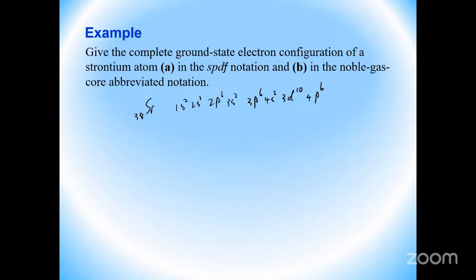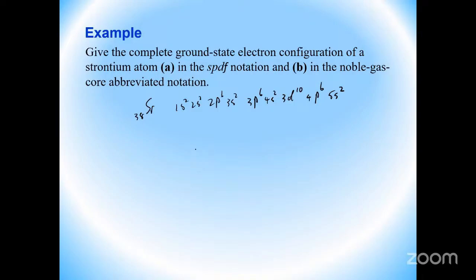So far we have 36, and what's the next? 5s. So that would be 2. Right? 20, 30, 36, 38, right. So this would be the full electron configuration of strontium.